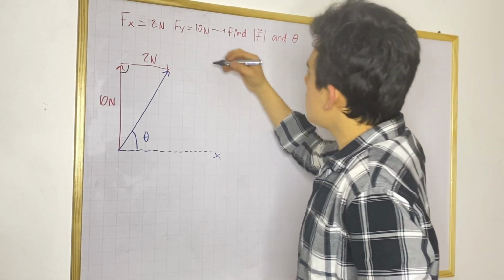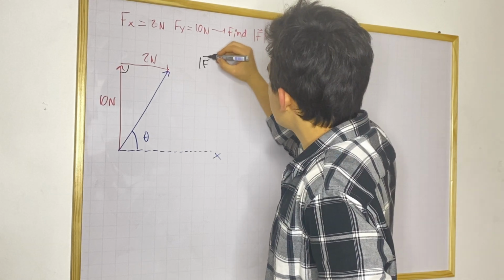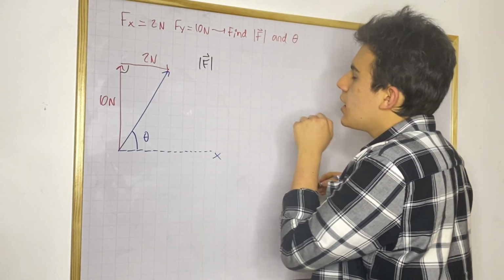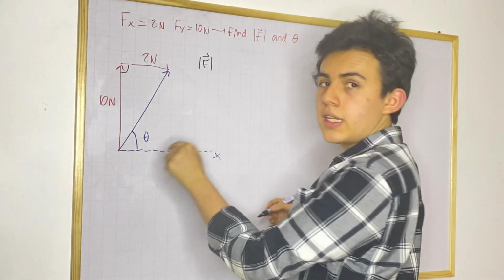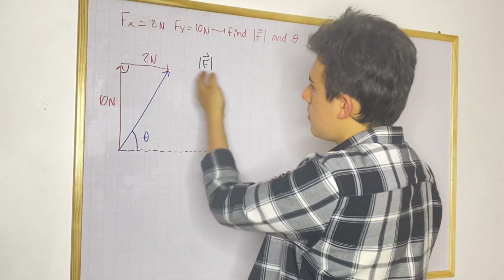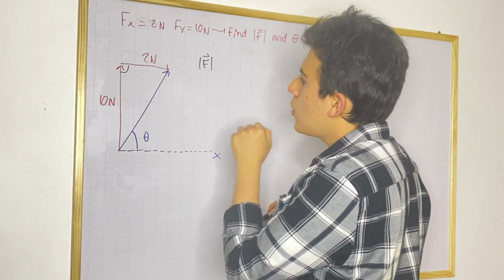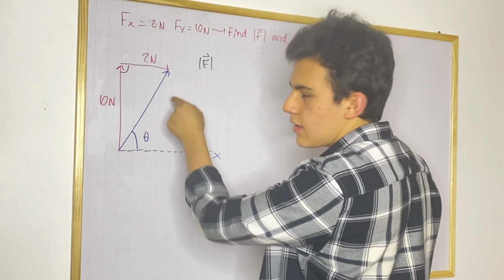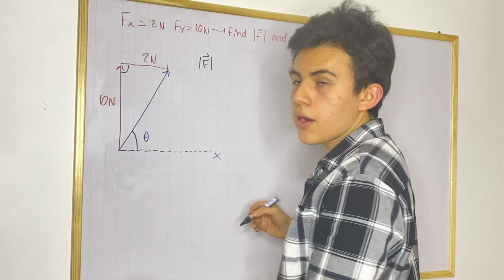So let's find first the vector magnitude. So this is going to be F. And now we know that since F is the magnitude, that means that the length of the line must be F, or the magnitude of the vector F. So if this is the length, that means this is the hypotenuse. And we can find the hypotenuse by using the Pythagorean theorem.